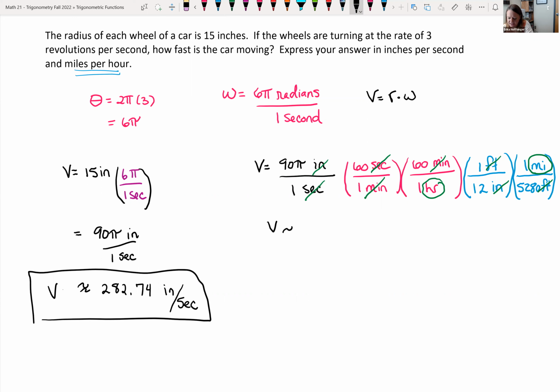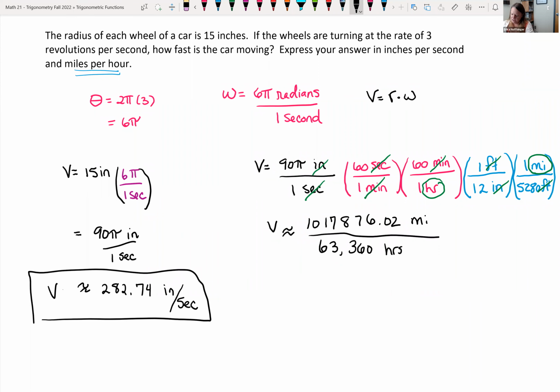And then we're going to divide that answer. Right now that's approximately 1,017,876.02 miles, all over 12 times 5,280, which is all that we have left in the denominator, so 63,360 hours.